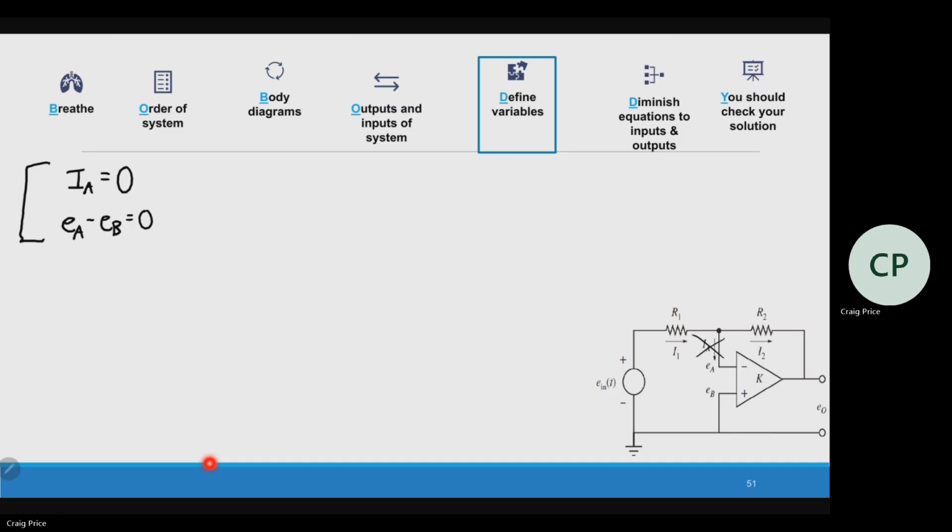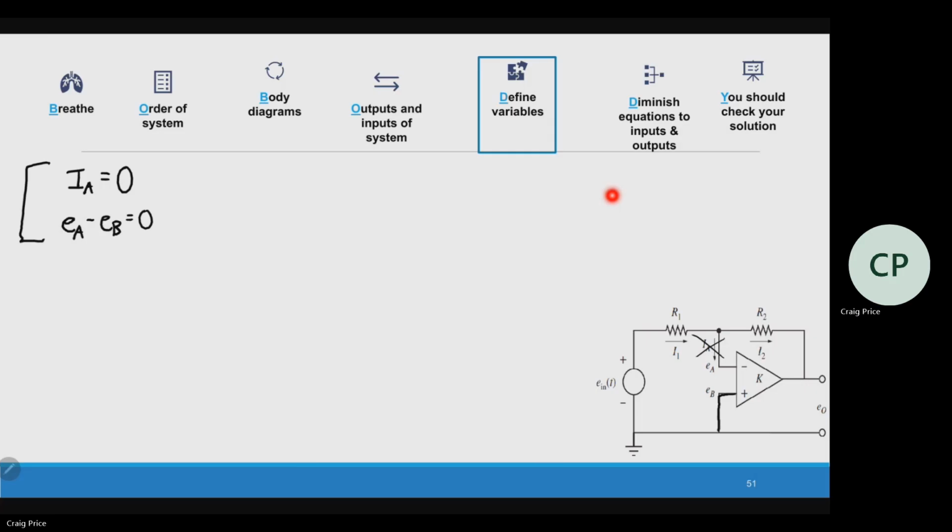Now, what is that voltage? Do we know either of these voltages? Do we know the voltage of EB? You know, Braden? All right, let's follow the lines.